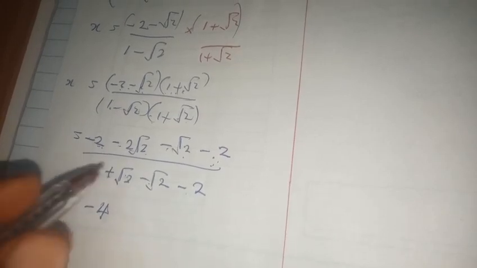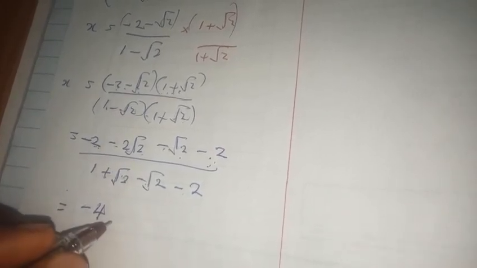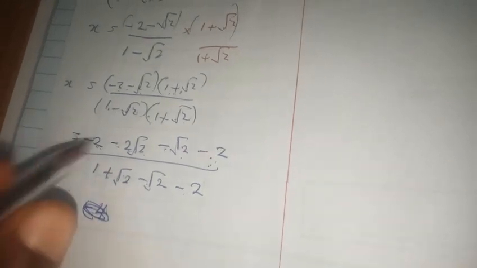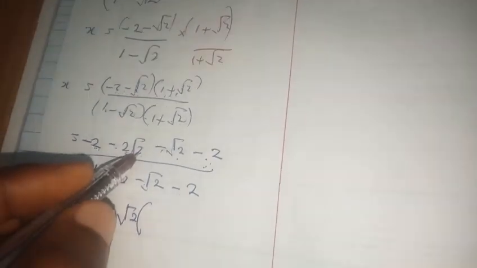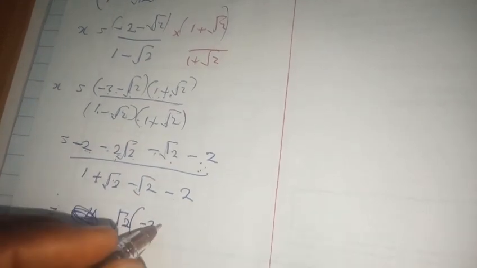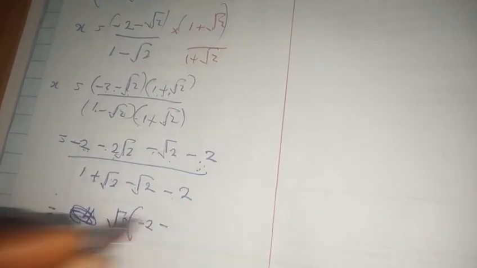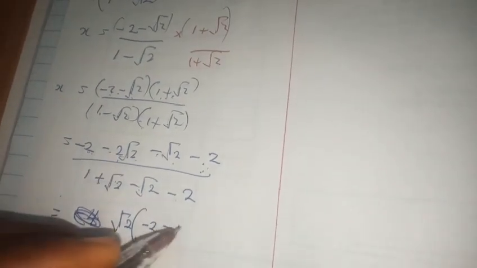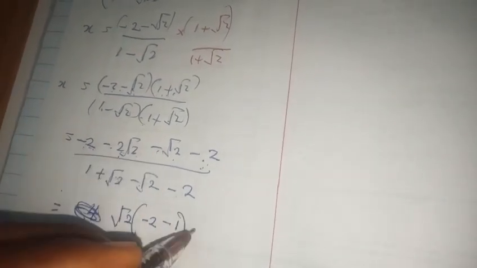So we can bring out the common factor here. Let's take this first. So bring out the common factor root 2, open the bracket, bring out root 2 from here, we have minus 2 minus 1, and here we have minus 4.